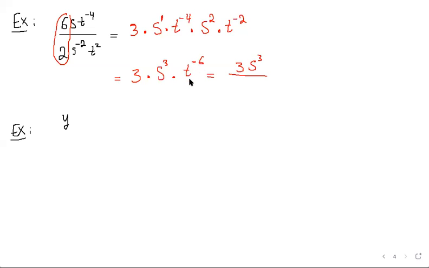I can move it down and I change the negative to the positive, t to the power 6 positive. That's why I brought it down. Make sense? Okay.